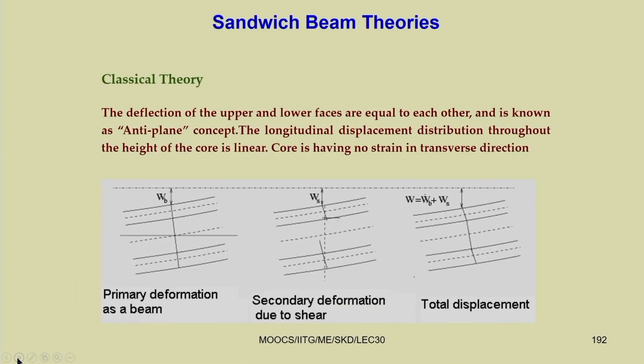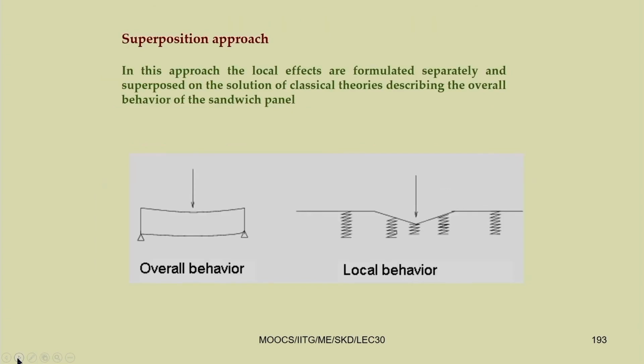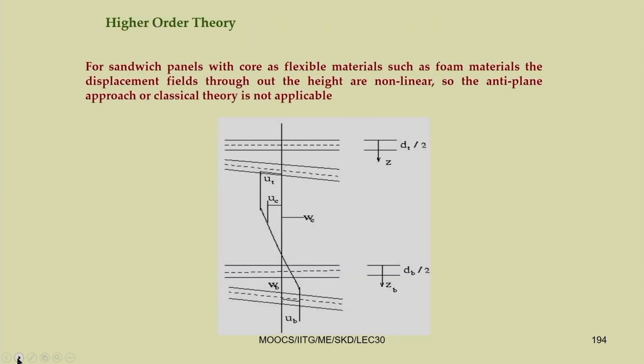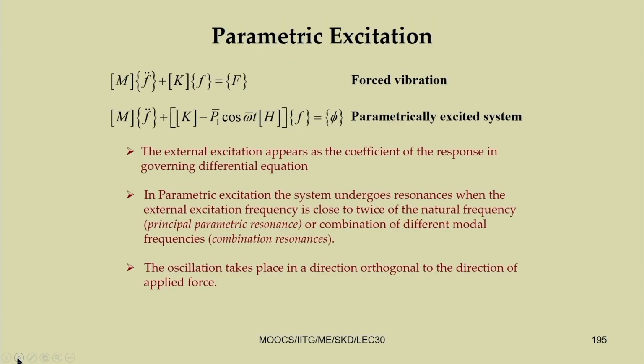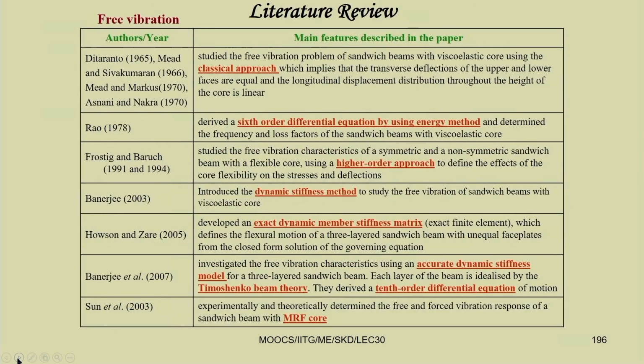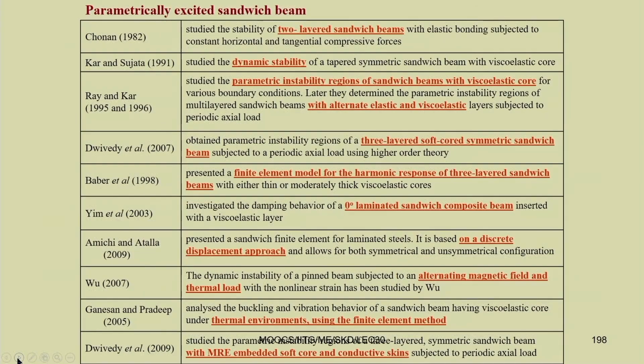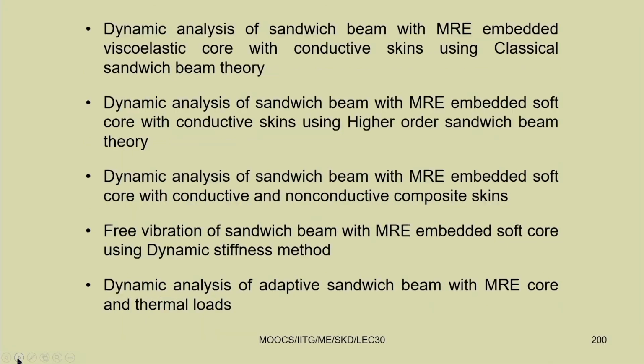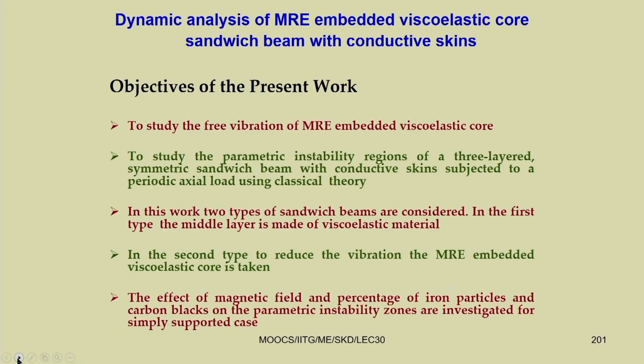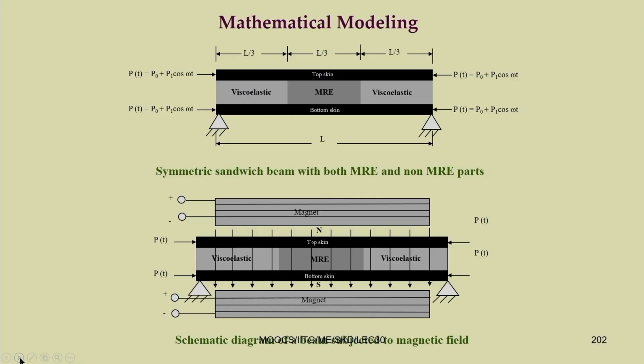We can apply different classical theories, a superposition approach or a higher order theory, and study the system. If the system is subjected to an axial load, there are several literature works available; some of them have been shown here. In this particular case, let us take a sandwich beam which is subjected to axial loading and to which a magnetic field is applied.